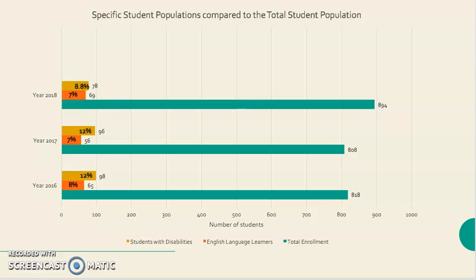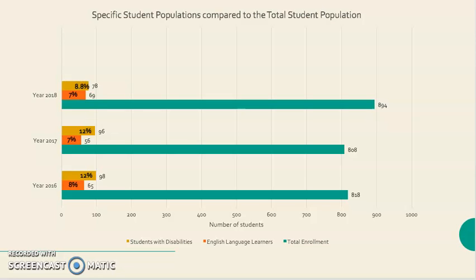Next, we have a breakdown of two subsets of populations shown on a graph. We have had a consistent percentage of English language learners throughout the years. In 2016, we had 8%. In 2017, there was a slight drop to 7%, and then that percentage remained the same in 2018 at 7%.